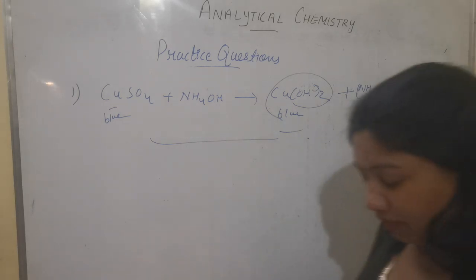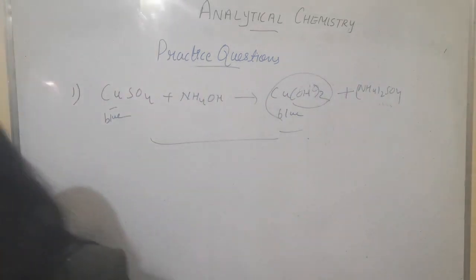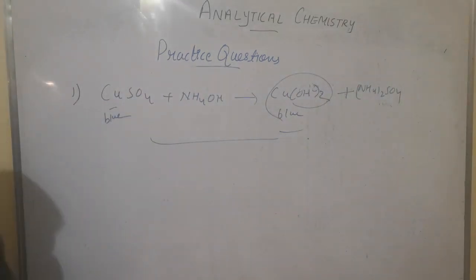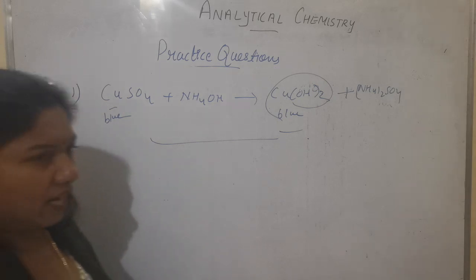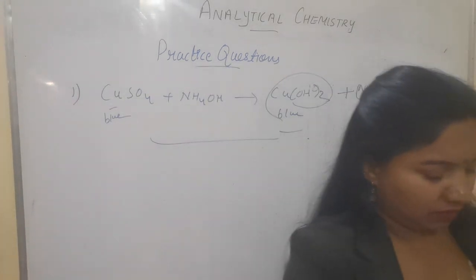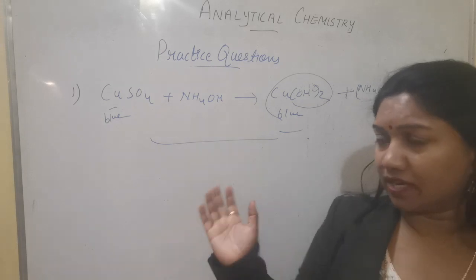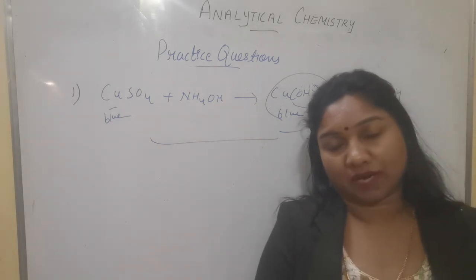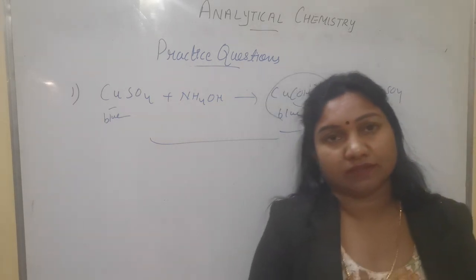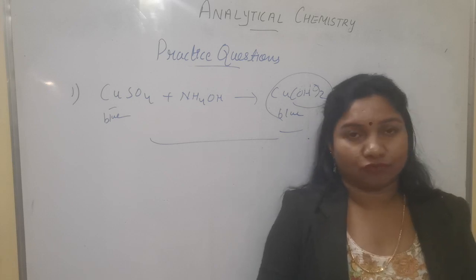Similarly, you have to show the action of ammonium hydroxide on zinc sulfate and ferric chloride. So see, mostly you get these reactions only in this chapter. Nothing else. These reactions are important, so you have to practice them by writing some 4-5 times.